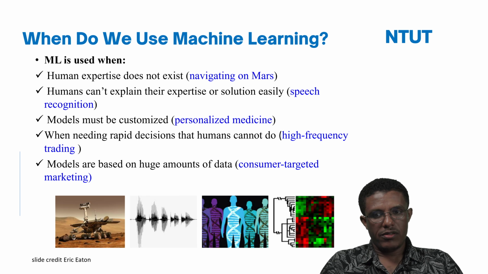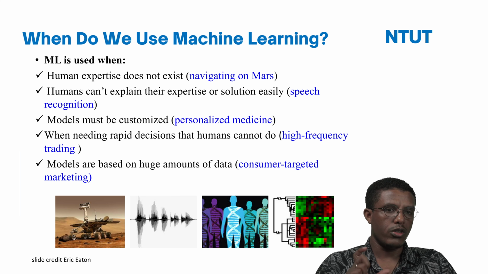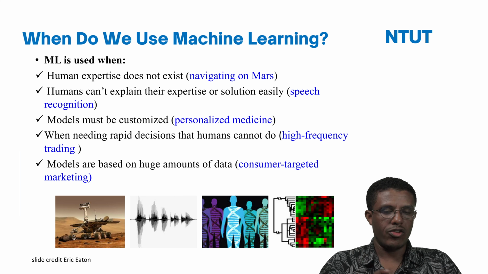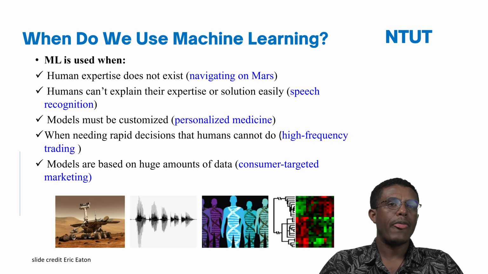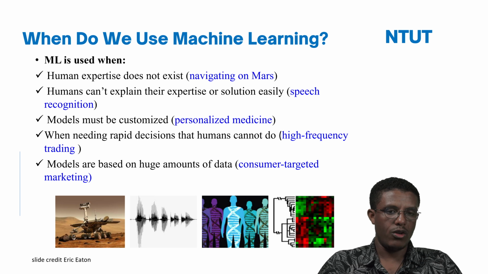The other concept is models based on huge amounts of data. This is also one of the most important problems right now in real environments. When the amount of data is huge, it is very difficult for human beings to process it.